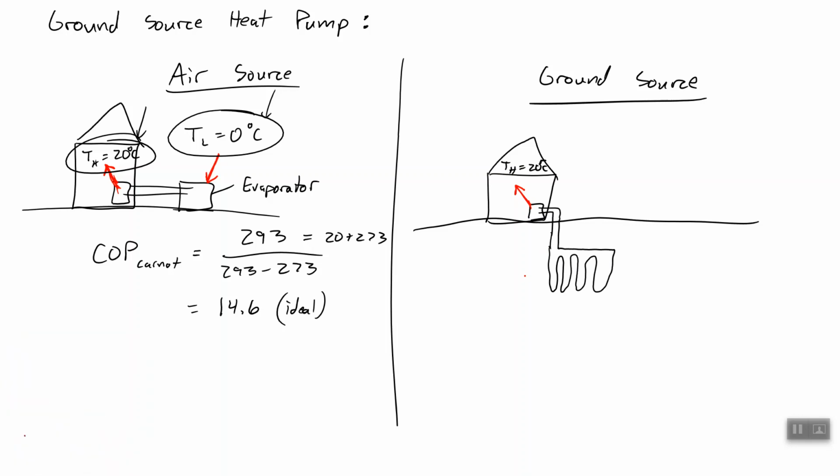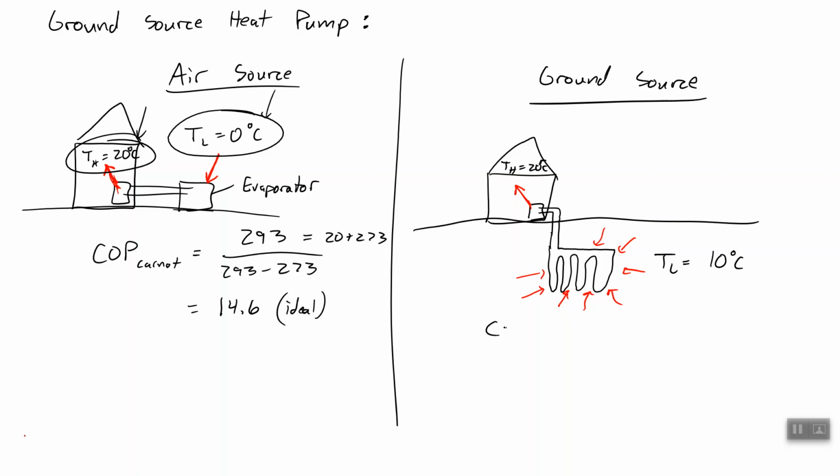And so the ground is going to put heat into this working fluid, which will go and exchange that heat with our heat pump. And the temperature of the ground is going to be 10 degrees Celsius. In the wintertime, the ground is much warmer than the air. You know this if you go into a basement or dig a really deep hole or go into a cave. Even it feels warmer than the air.